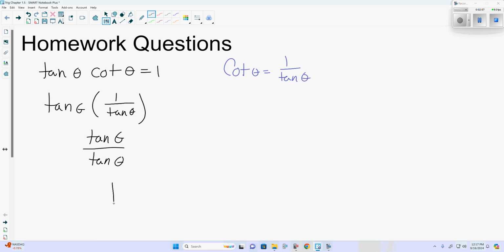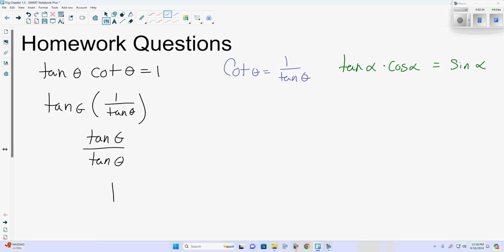Is there another one of those that y'all want to look at? Yes. Tangent times cosine equals sine. So tangent of alpha times cosine of alpha is equal to sine of alpha. So we're wanting to rewrite tangent times cosine as sine.